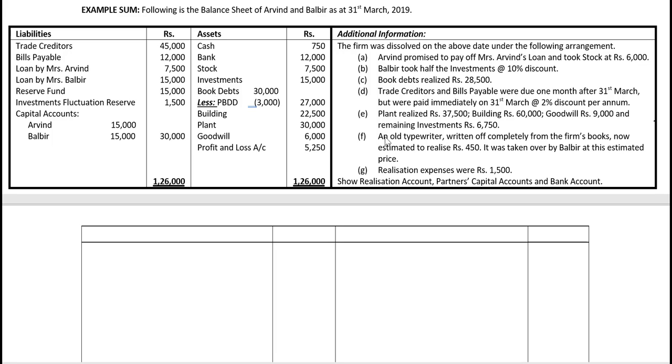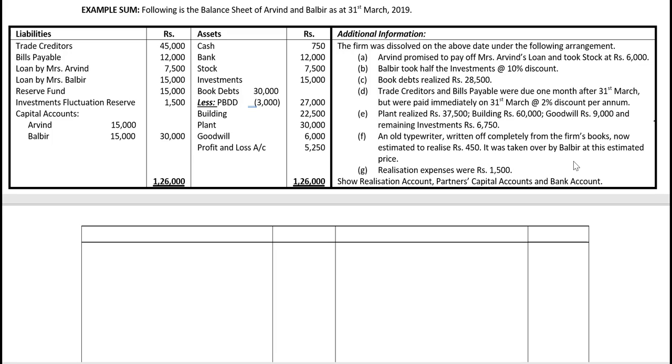Point E. Plant realized rupees 37,500, building rupees 60,000, goodwill rupees 9,000 and remaining investments rupees 6,750. Point F. An old typewriter written off completely from the firm's books, now estimated to realize rupees 450.